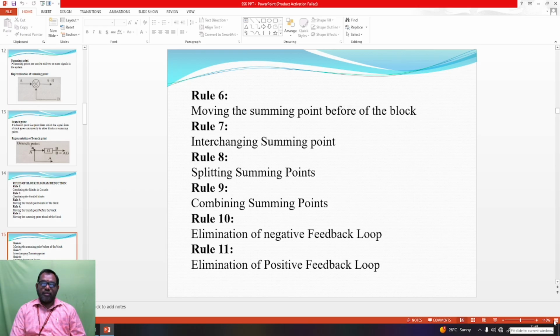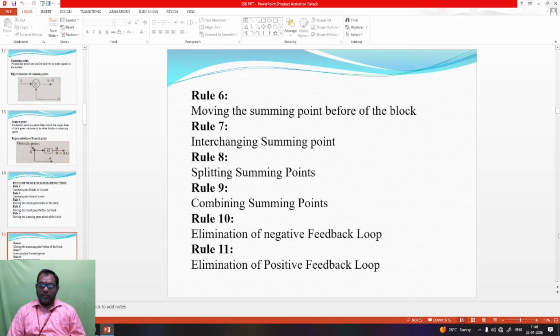We have 4 possible values, positive or negative, so we can interchange the summing points. Rule number 8 is splitting the summing point, which means dividing the summing point for each part of the system. And rule number 9 is combining the summing points. When 2 summing points are available, we can combine the different values into a single value.